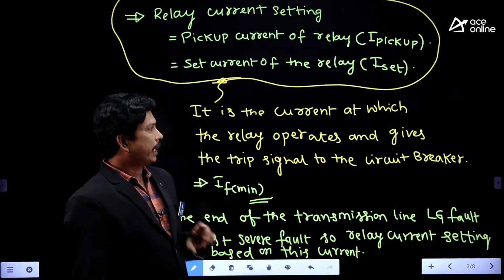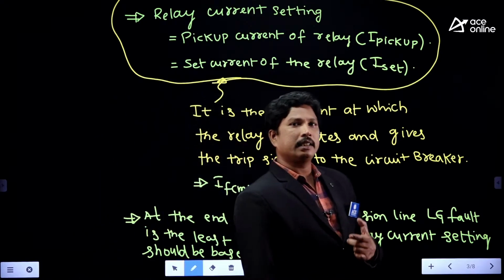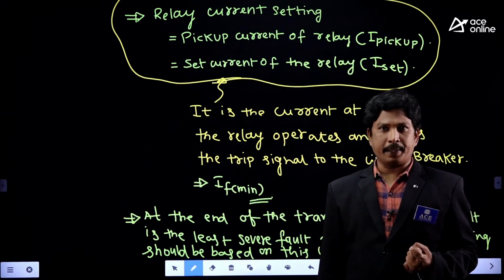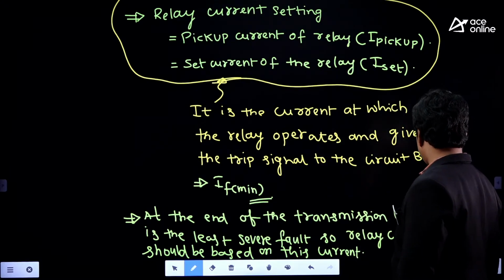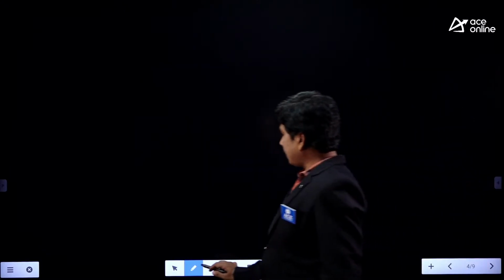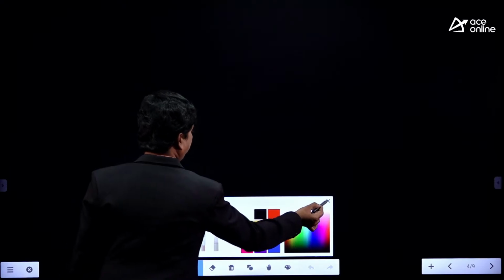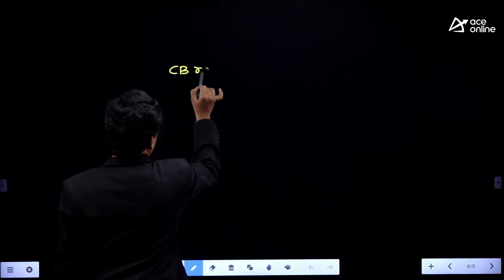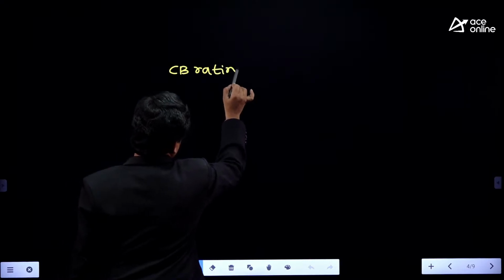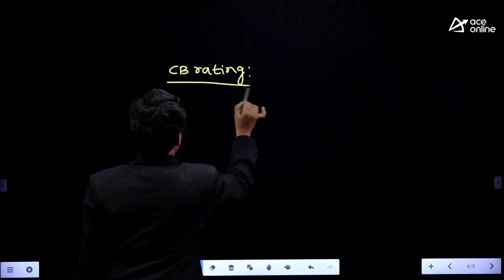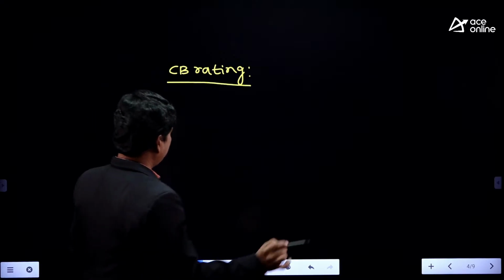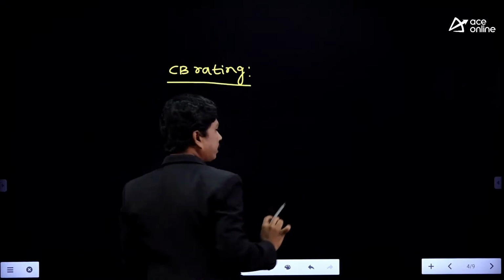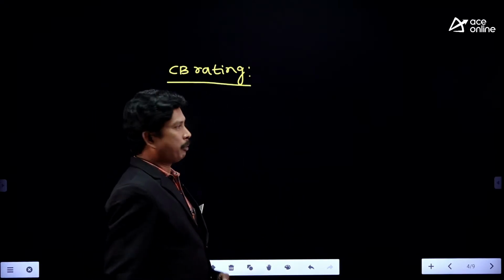Clear? Now, second, we have to see the circuit breaker rating. If you see the circuit breaker rating, students, we always have to give the three-phase apparent power rating.